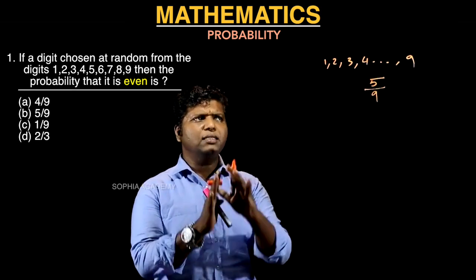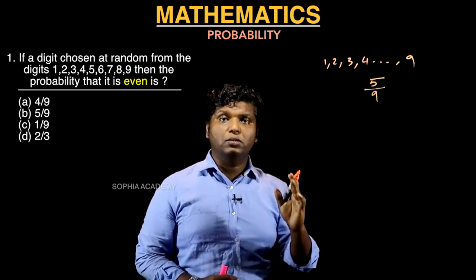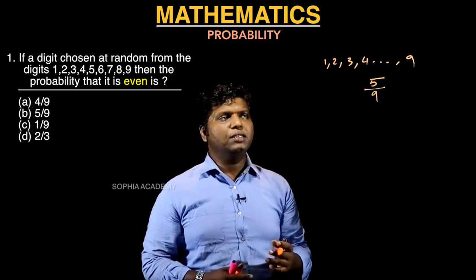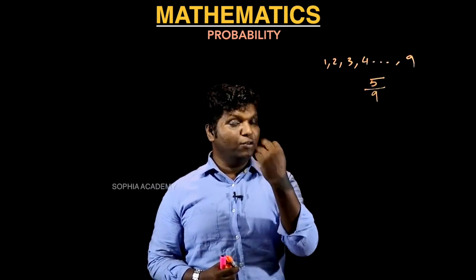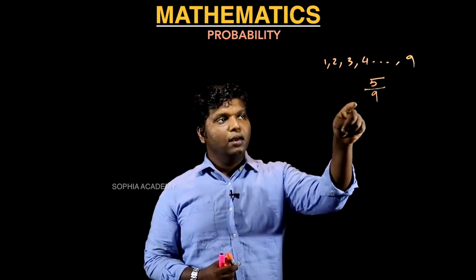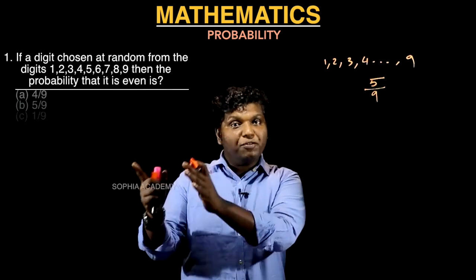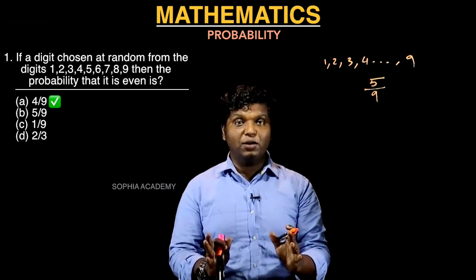So just imagine the question asked was to find the probability of obtaining even numbers. Which are the even numbers? Here you can see 2, 4, 6 and 8. There are only 4 among the total 9. So what will be the correct option? That will be your very first option, right? 4 by 9.